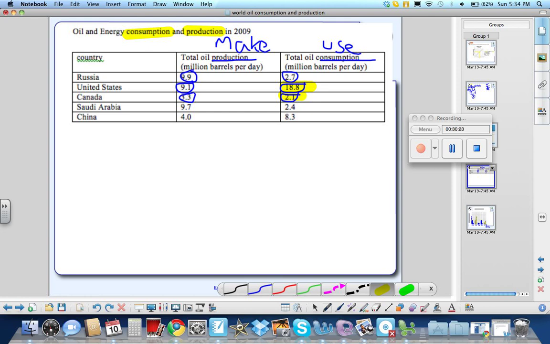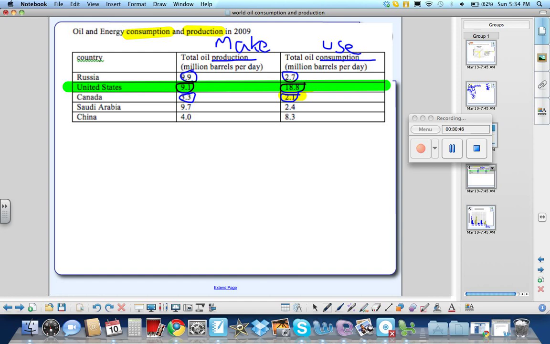Looking at United States, because we have a lot of colors on here, let me highlight it green. You're going to look at United States and take those two numbers and subtract them. What is 18.8 minus 9.1? That would be, for number 5, the difference between consumption of oil and production of oil.